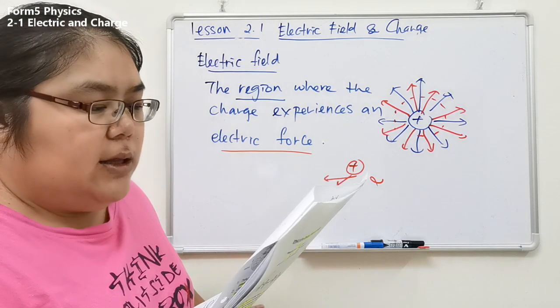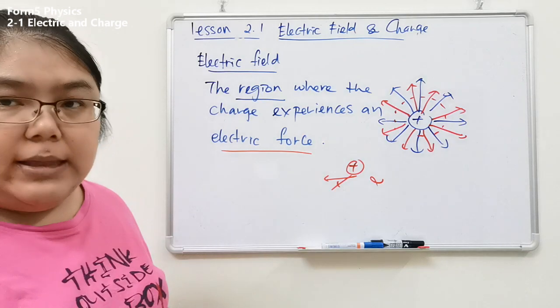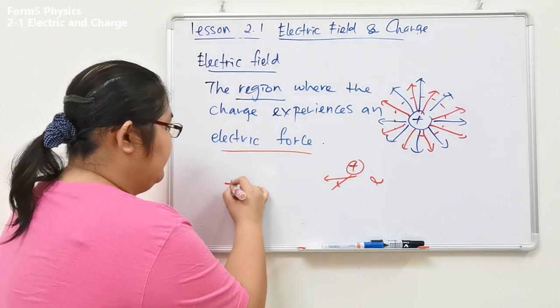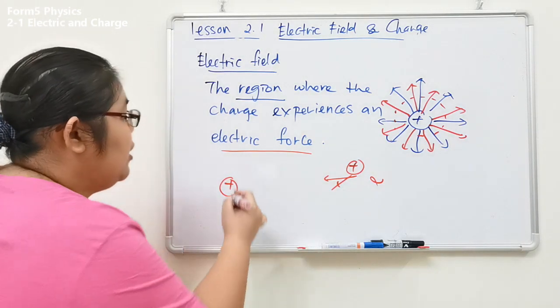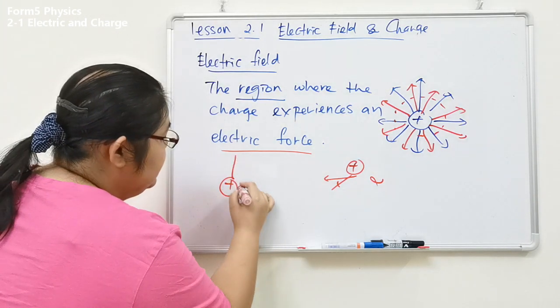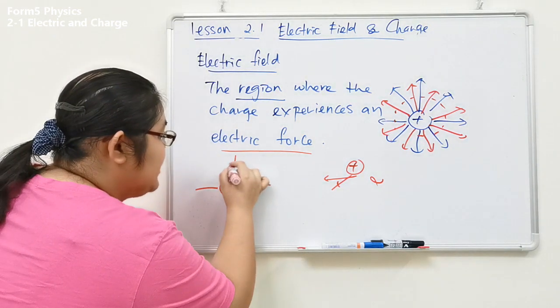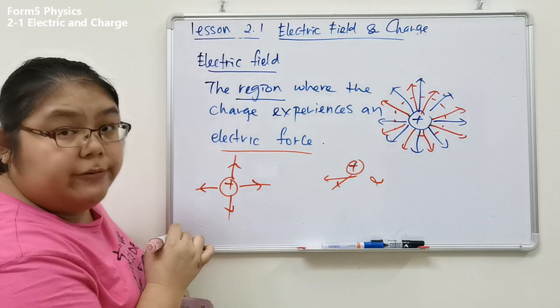Okay, now they start on the positive charge and end on the negative charge. What does it mean to start positive and end negative? Okay, this is a positive. So how do you draw the electric field? You draw the center first. This is normal. So the arrow goes out from the positive.